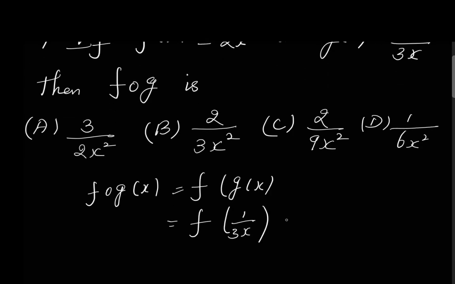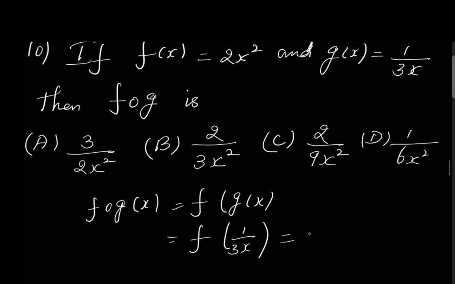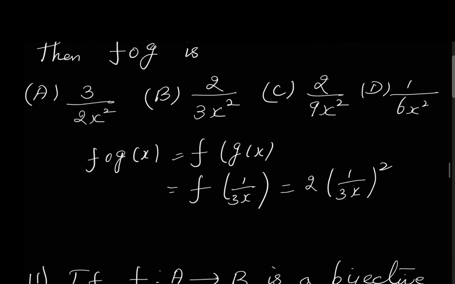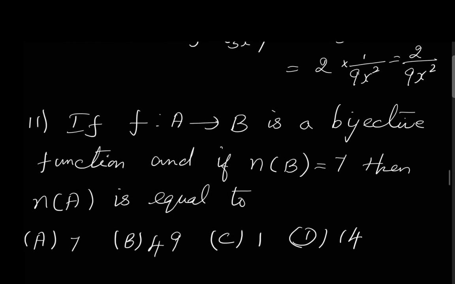F of x is 2x squared. So 2 into x squared, that is 1 by 3x the whole square. So 2 into 1 by 9x squared, so 2 by 9x squared. This is the answer, f dot g of x.